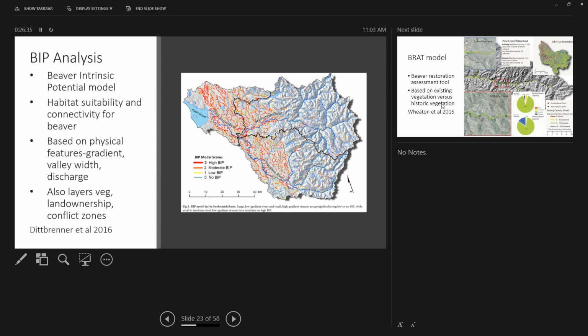There's also the BRAT model. I will just say one more thing. Ben is about to finish up Washington's entire BIP analysis, and he is including veg layers as well as land ownership and conflict potential in that analysis, and that's going to be available through WDFW anytime now. Right now, he's ground truthing some places still to make sure it's as accurate as it can be.